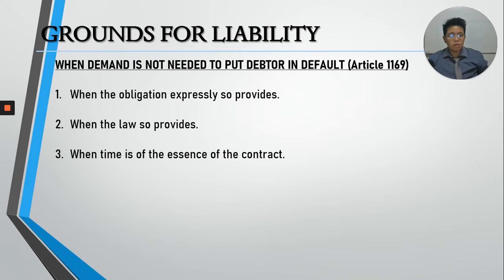So it will no longer benefit the creditor. So remember, hindi naman kailangan na nasa contract na ilagay na time is of the essence of a contract. So intent here is sufficient as long as intention is implied.